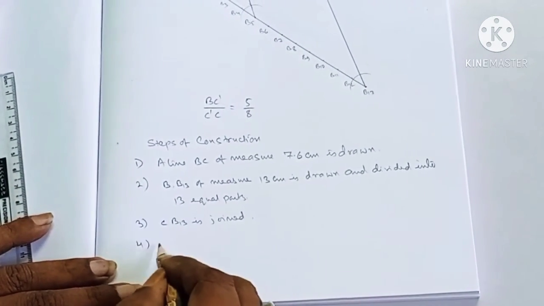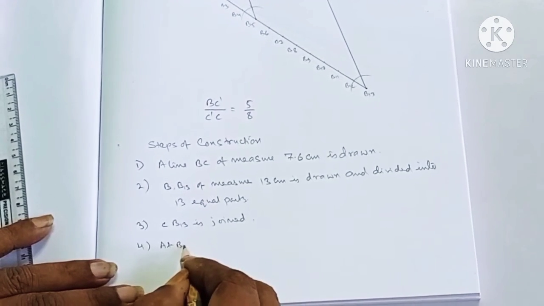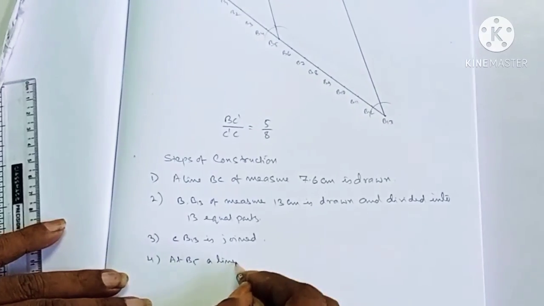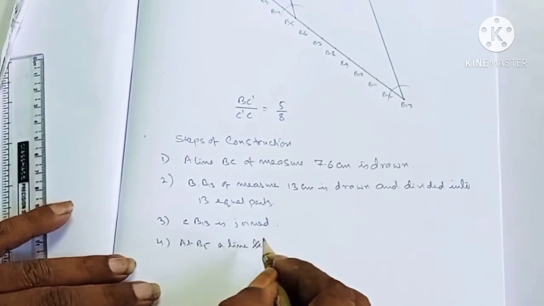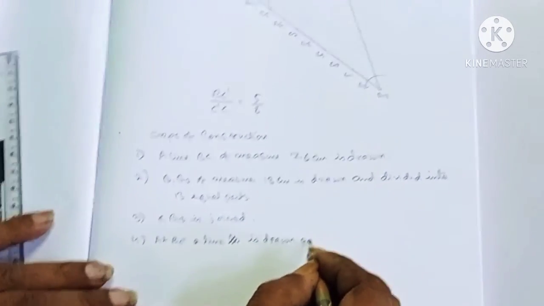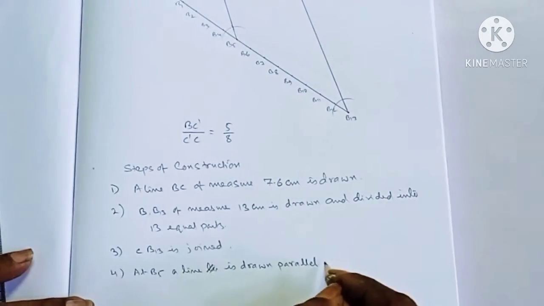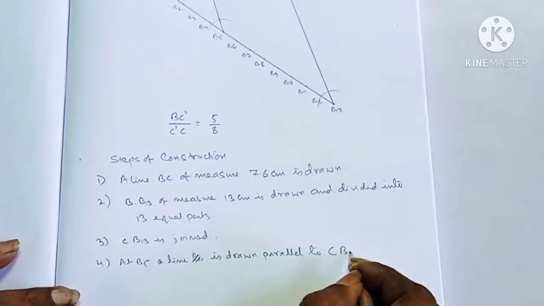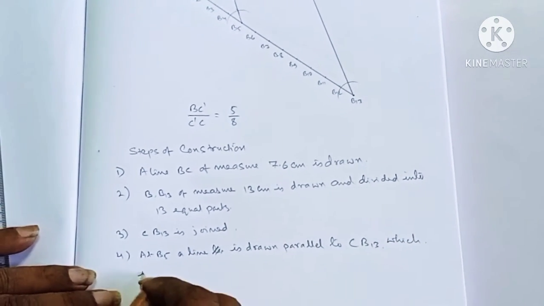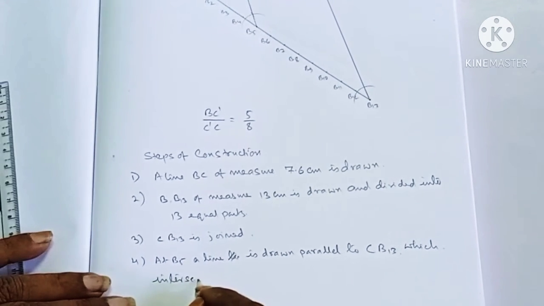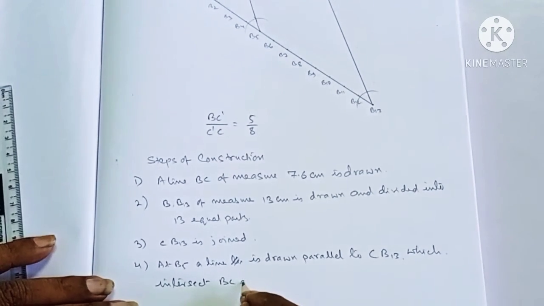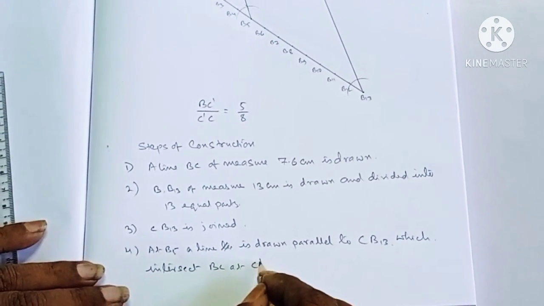Now fourth, at B5 a line is drawn parallel to CB13, which intersects BC at C dash.